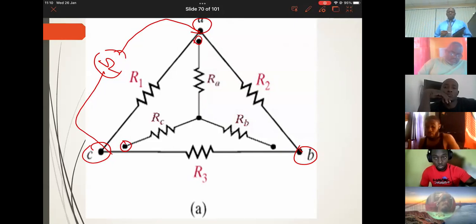Fair enough? Because it's the same terminals that I am across.